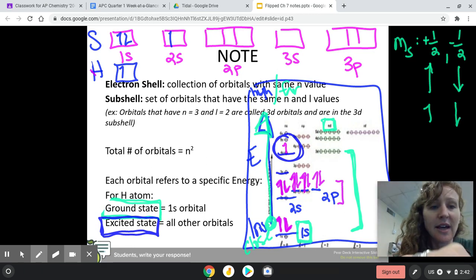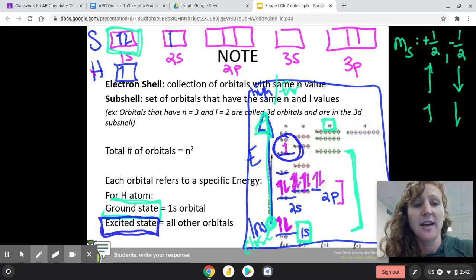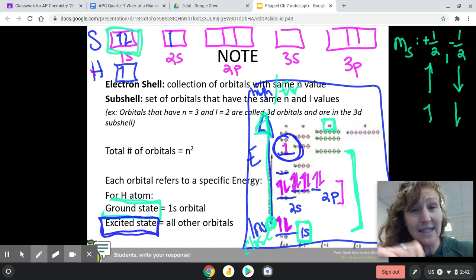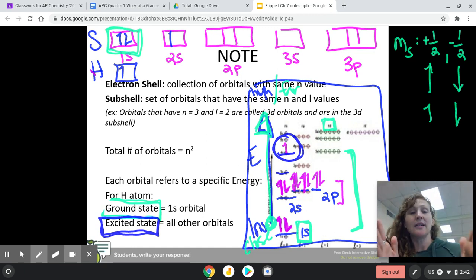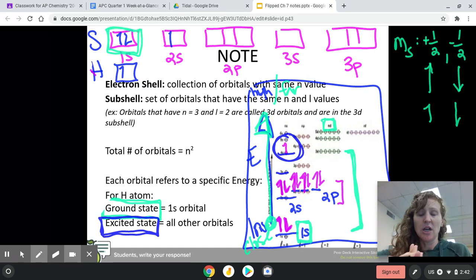That's why I drew these two electrons up here with sulfur with pointed ends, because when electrons fill into the same orbital, they're either spinning up or down. If one's spinning up, the next one has to spin down. You cannot fit two electrons into the same orbital that are both spinning up.